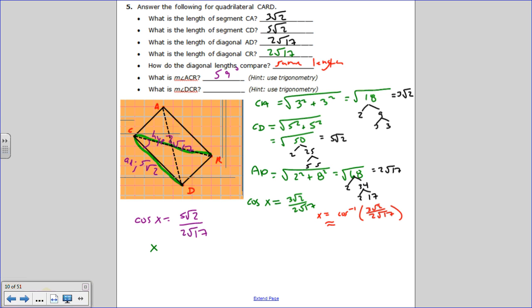So it would be x is equal to cosine inverse of 5 square root of 2 over 2 square root of 17. And you put it in your handy dandy calculator, and it'll be approximately 31 degrees.